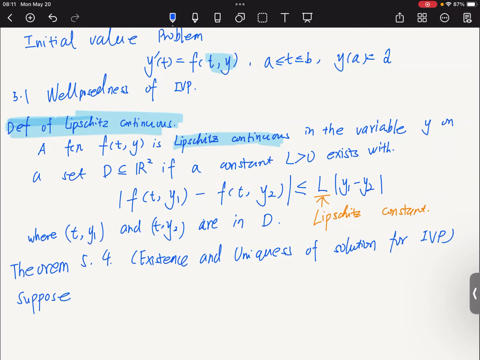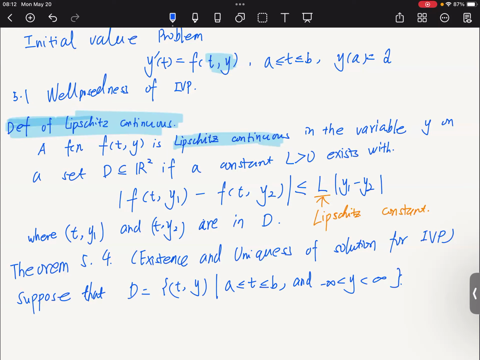You can have any other domain in the IVP problem, but in our class, we only investigate the domain where t is the time between the values a and b, and y is along the real axis.